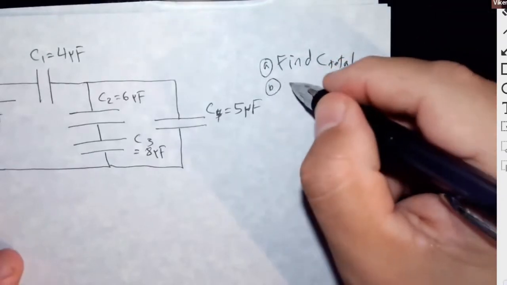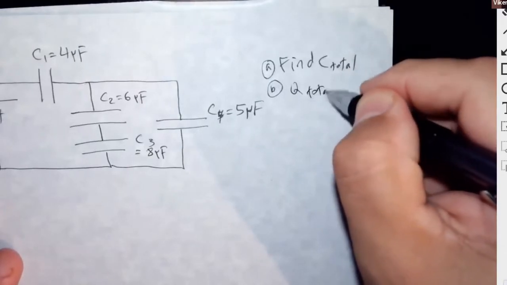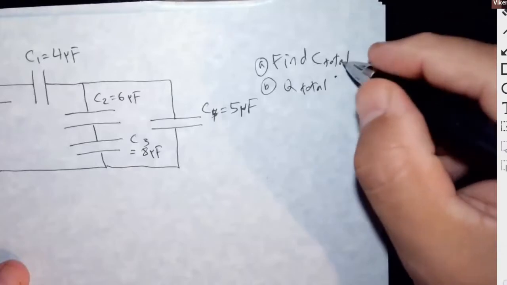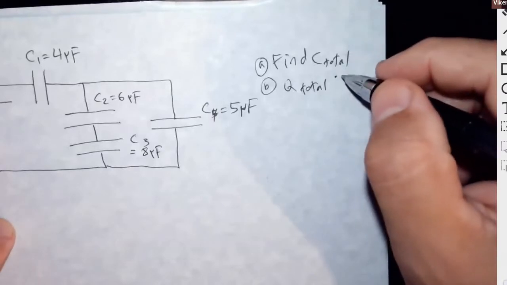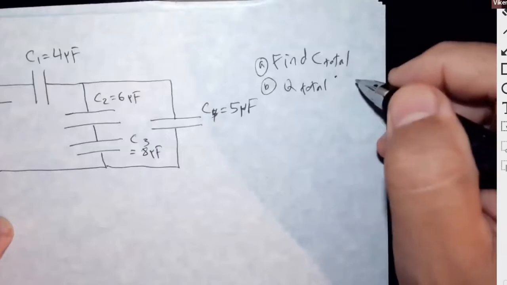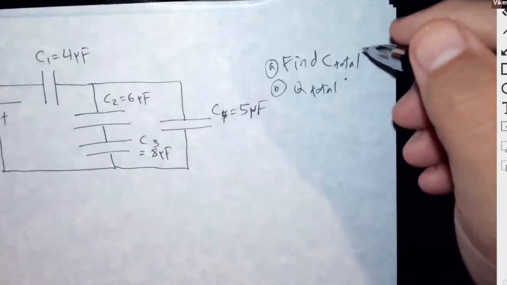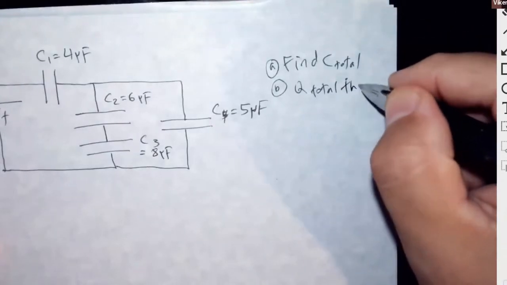find the total charge flowing through the battery. In other words, the total charge that the battery has supplied to all the capacitors combined.